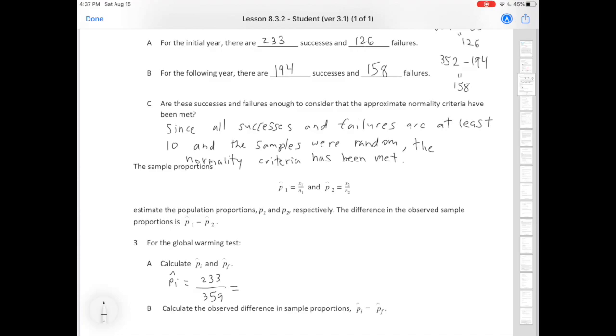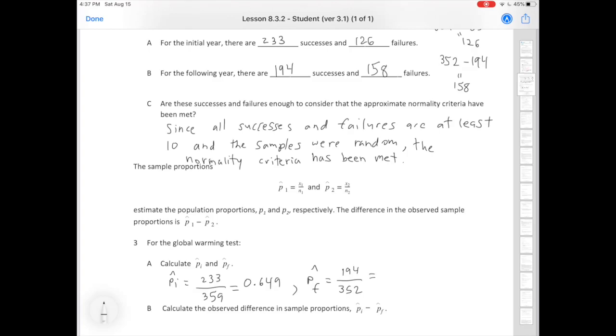So we use our calculator and we figure out what we get. When I do 233 divided by 359, I get 0.649. And now I'm going to do pf hat. Let's figure out this proportion, okay? So remember, that was 194 out of 352.